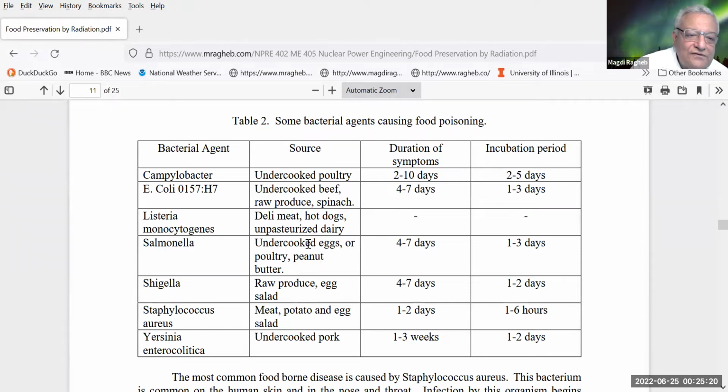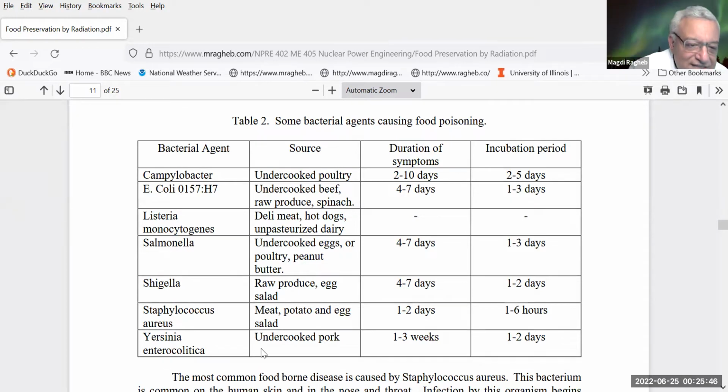That's why it's recommended never to eat undercooked eggs, and do not use sunny-side up eggs, cook them on both sides. I'm giving here some cooking advice, but it's a very serious matter. Shigella in raw produce, egg salad. Staphylococcus aureus happens in meat, potato, and egg salad.